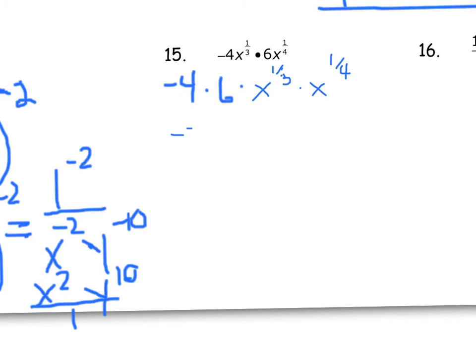So coefficient of negative 24, and adding the fractions, common denominator 12, this would be 4/12, and the other fraction would change to 3/12. Now you can add the powers, negative 24, x to the 7/12.